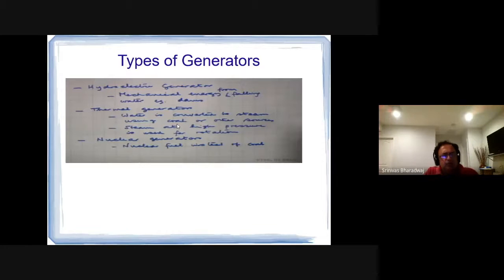Yet the most common form of power even today is thermal power. In the United States, of course, we have both thermal power, coal-based power, as well as natural gas. In Germany, they use a tremendous amount of thermal power today.